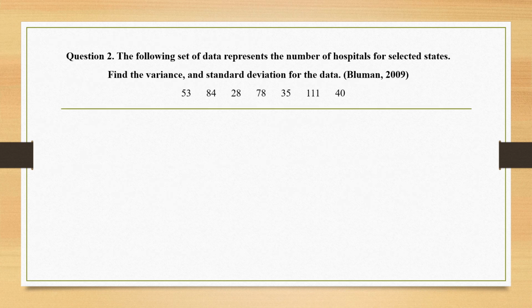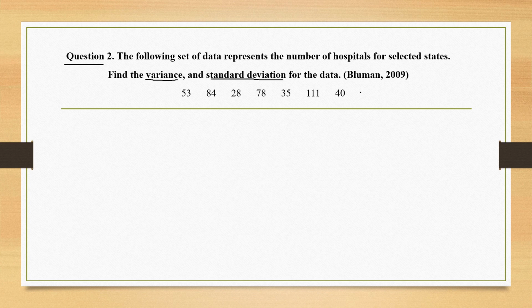Now look at question number 2. The following set of data represents the number of hospitals for selected states. We need to find the variance, and then the standard deviation for the data.